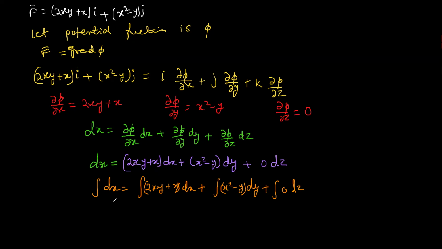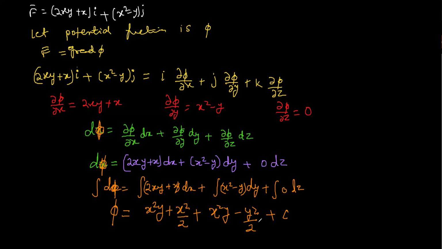Okay. Sorry, this is not dx, this is d phi, right? Okay. So on the left hand side phi, and 2xy integrates to x square y, plus x square by 2. With respect to y, x square y minus y square by 2 and plus c.